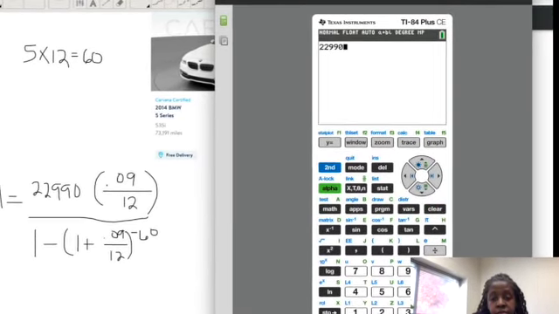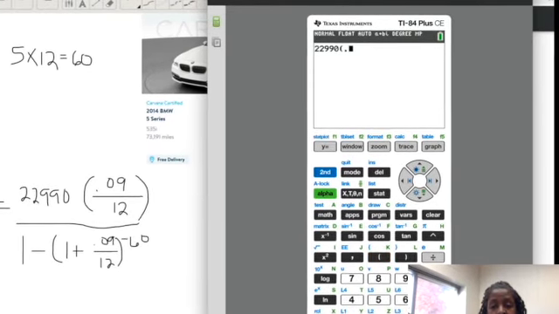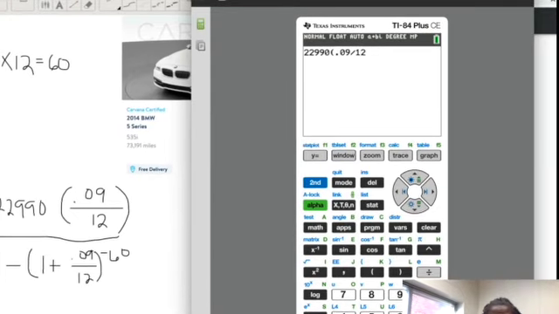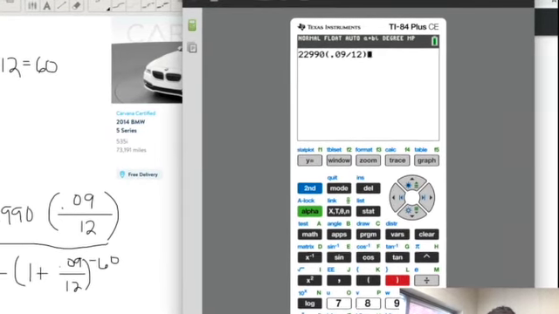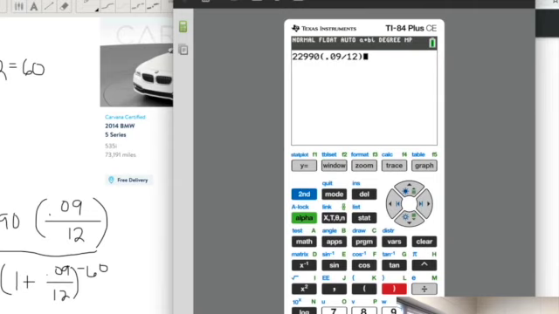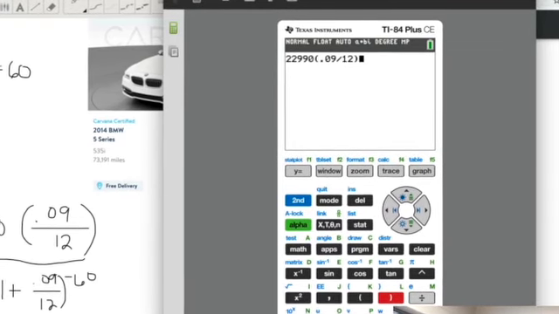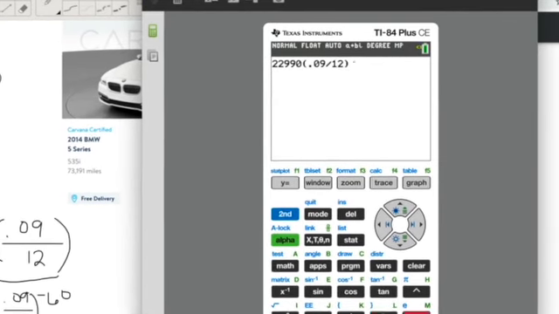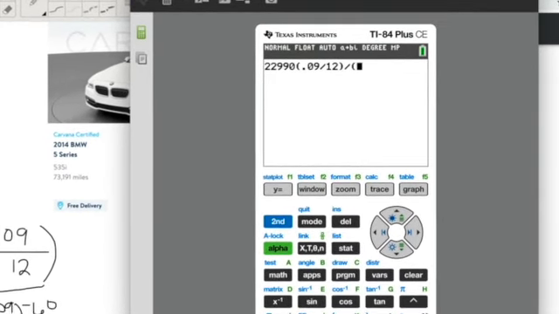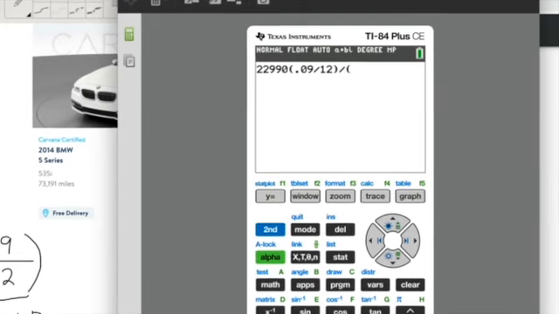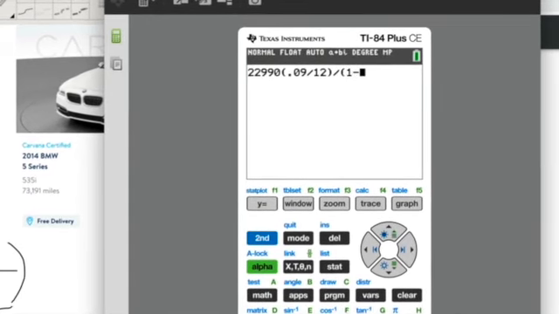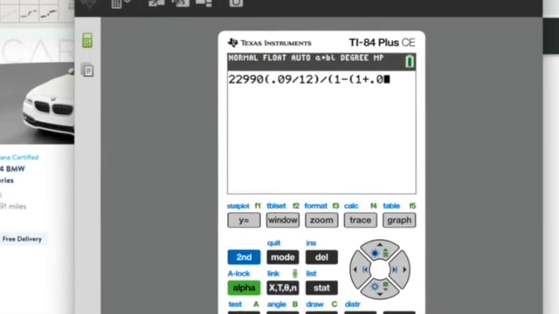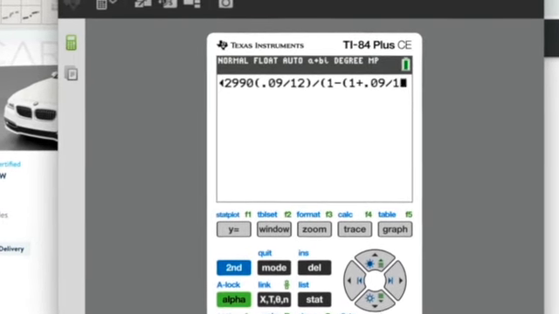22,990 times 0.09 divided by 12. Now, I could be real scared and go ahead and do this so I could have my numerator, but I'm not scared. So I'm going to hit divide, and in a parenthesis, I'm going to put everything on the bottom. 1 minus parenthesis 1 plus 0.09 divided by 12. Hallelujah.